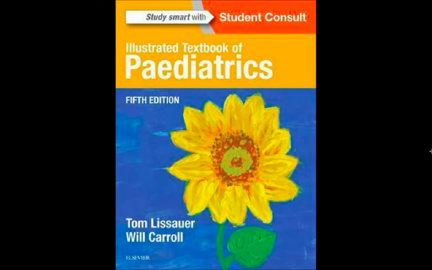Turner syndrome, 45,XO, causes aortic valve stenosis and coarctation of the aorta. Chromosome 22q11.2 deletion causes aortic arch abnormalities, tetralogy of Fallot, and common arterial trunk.